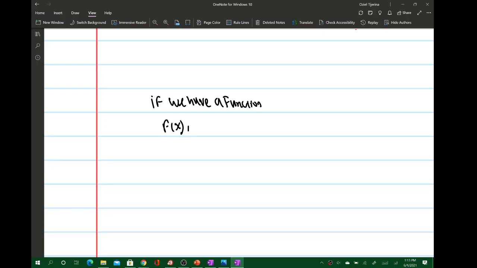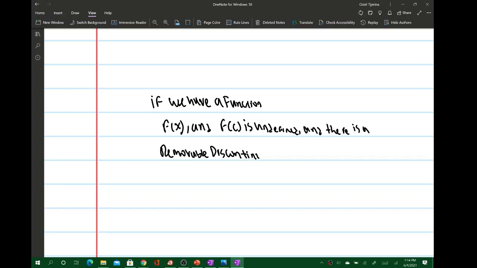And I'm sure this is a theorem in calculus, but basically, if we have a function f of x, and f of c is undefined, and there is, I'm just going to say, a removable discontinuity at x equals c, then the limit as x approaches c of f of x exists.